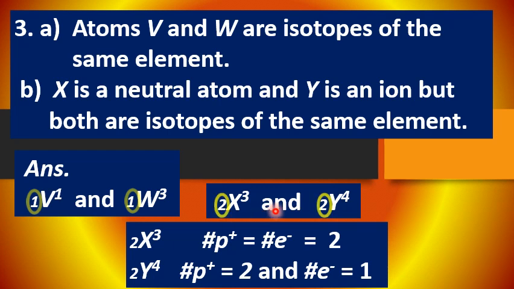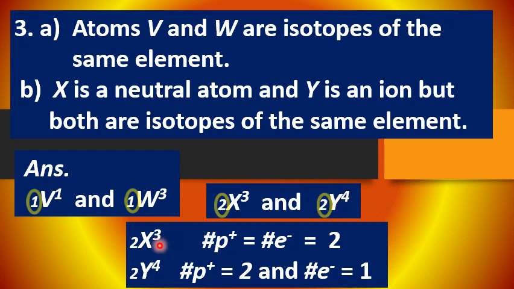And their mass numbers are different, capital A equals 3 for atom X and capital A equals 4 for atom Y. So just like atoms V and W, we also say that atoms X and Y are in fact isotopes of the same element.